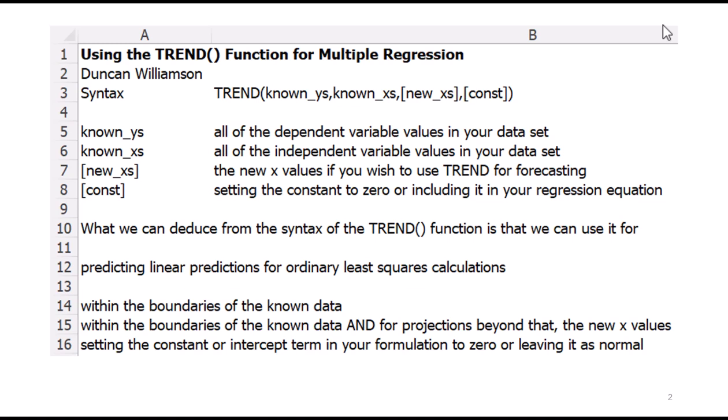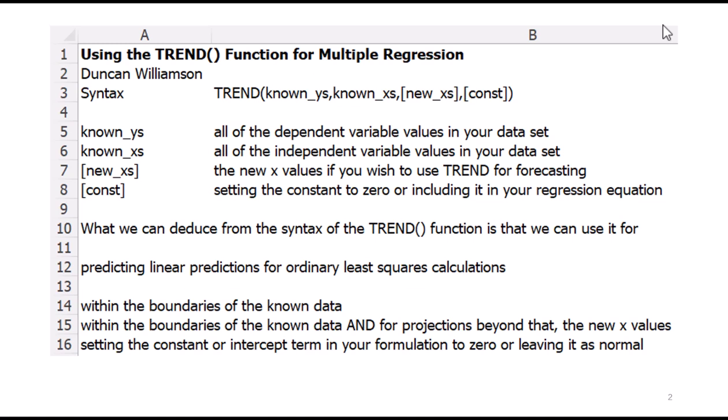The known x's are all of the independent variable values in your dataset, and notice you can have one, two, or more independent variables in your trend function analysis. New x's, the new x values if you wish to use trend for forecasting, and setting the constant to 0 or including it in your regression equation, otherwise you leave constant alone.